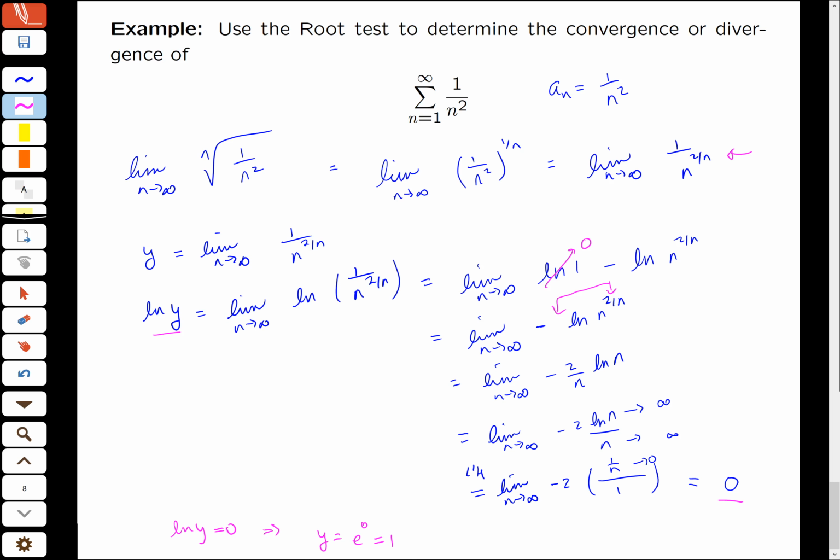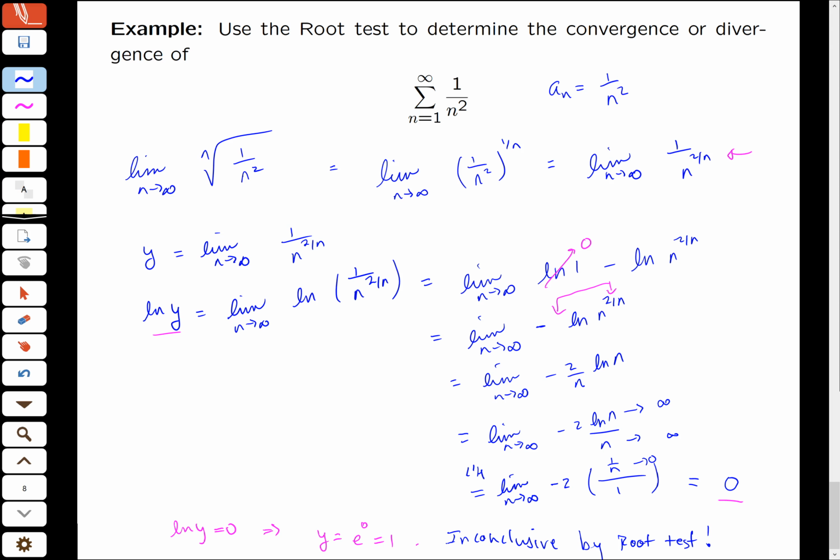So what does that tell you? Apply your root test. Yeah. That's why I told you guys not to write it down. What is your takeaway from this?